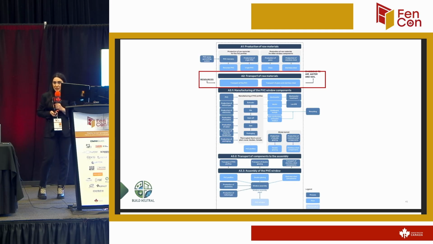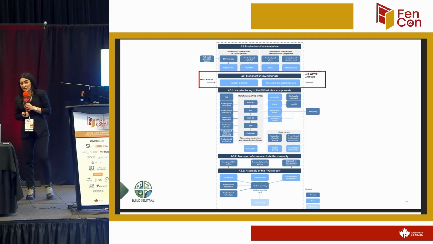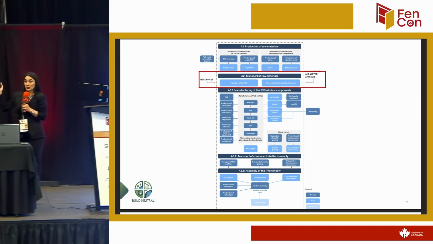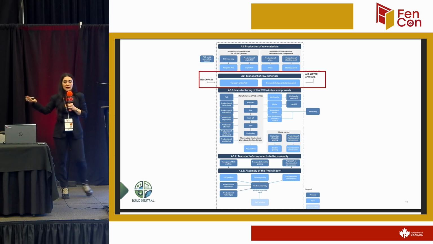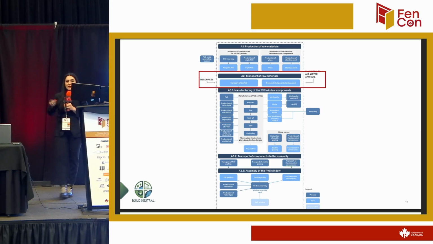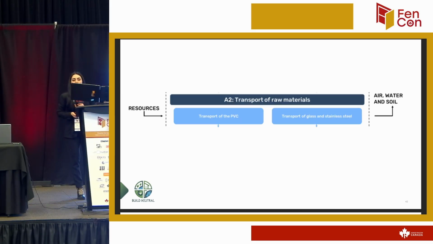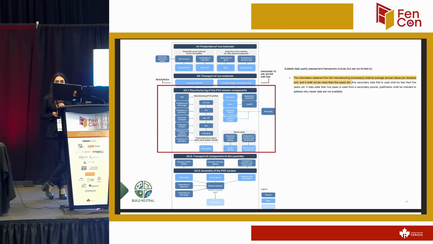And then how it's transported. Is it coming from China? So we have to do ocean transport, or coming from down in the US, like using a truck, or from other provinces in Canada, or using train, or what? So here's the transportation, and then all the manufacturing, which is the majority of what's happening in your manufacturer.